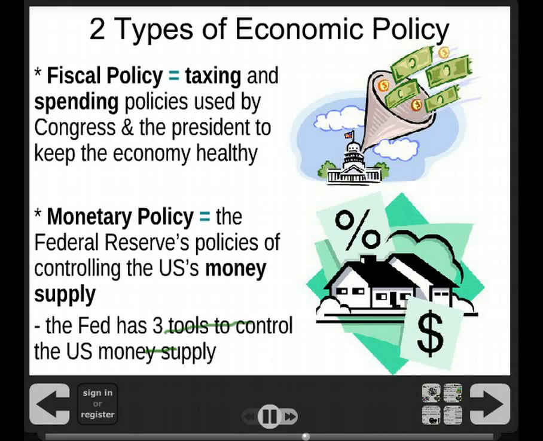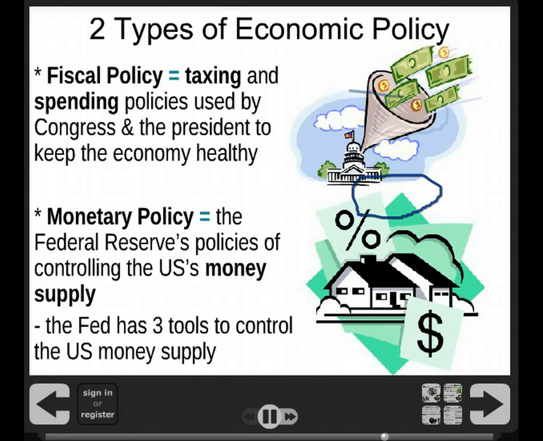Now, on the opposite side there, you see monetary policy. And the key to monetary policy is knowing that monetary policy deals with money and the money supply. And if you look at the word monetary, it's very similar to the word money. Unlike fiscal policy, the Fed, or the Federal Reserve, controls monetary policy.